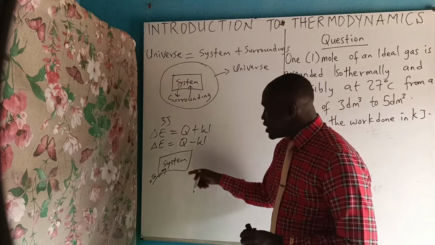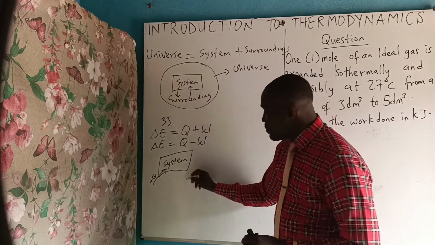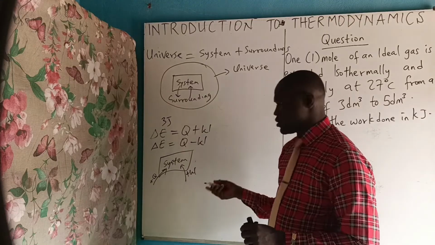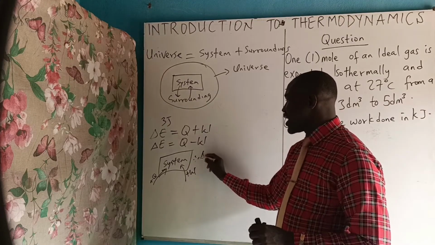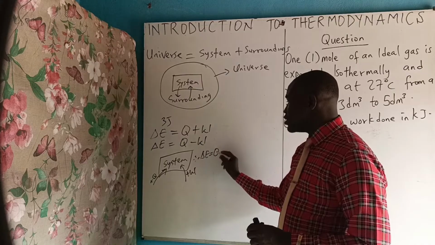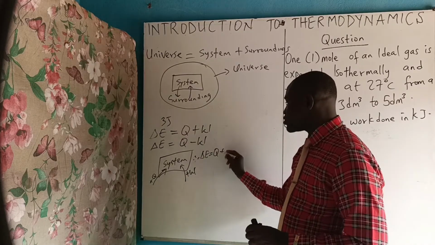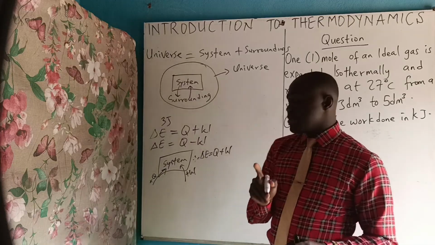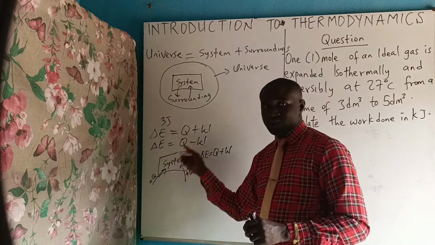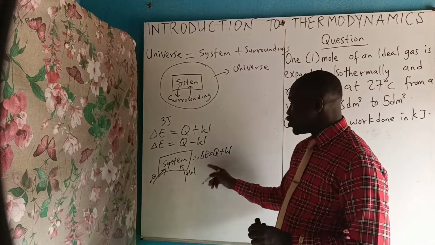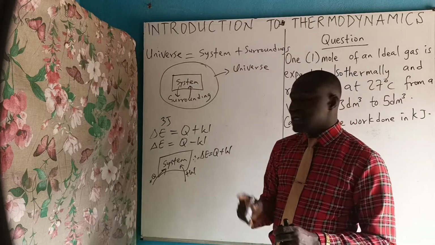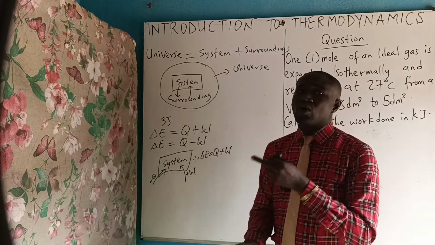And so, when the surrounding, this part, performs work on the system, the system will gain work. And so, the internal energy of it will be the heat energy plus the work. So, that heat energy will be called endothermic energy because it's gaining the energy. Are you getting it? So, you will be having Q plus W as the internal energy. That means the internal energy of that system will increase.